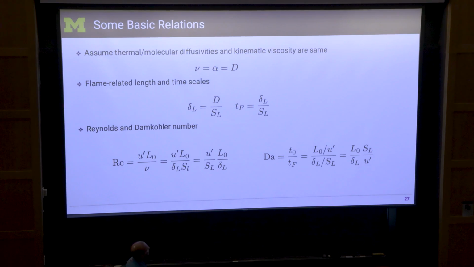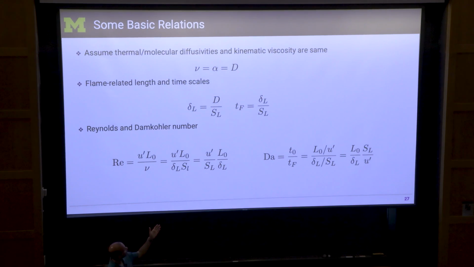Okay? And I'll define another one called Damkohler number, which is a ratio of time scales to begin with, T0 over Tf. T0 is the integral time scale, L0 over U prime, things like this. Tf, on the other hand, is a flame time scale. So you take the thickness of the flame, delta L, in meters, divided by the flame velocity, SL, and you're going to get a quantity that's in seconds, and that's your Tf, the flame time scale.